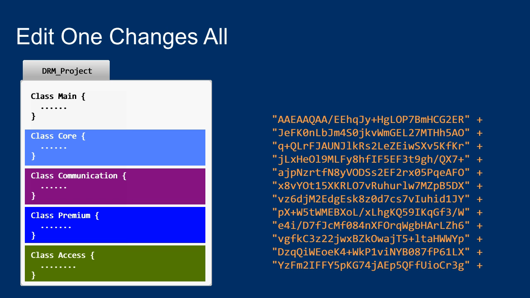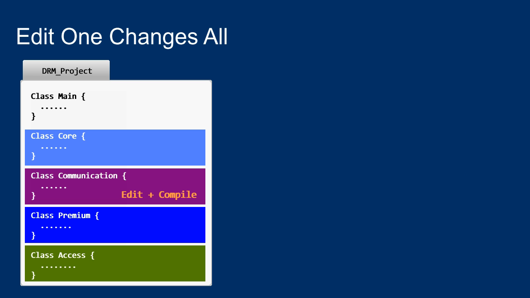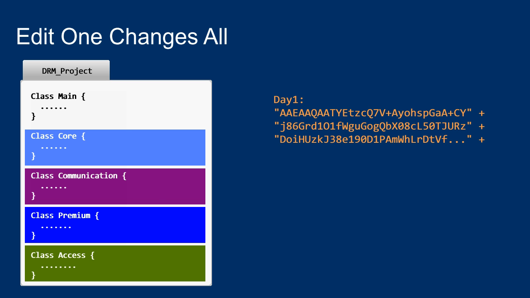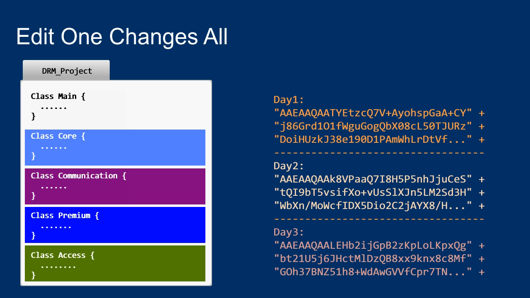The key is you only have to vary one part to substantially change the entire SCRAMBLECODE protected bytecode unit. And given the fact that SCRAMBLECODE compiles really fast, it is easy to prepare many different DRM variants in a very short time, and then simply deploy a new one every day.